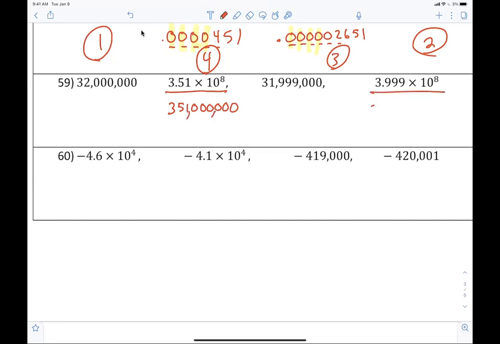How many zeros? 5. Right. Okay, so which one is the smallest? Third one. Okay, then what? The first one. Then which one? The second one, then the fourth. Yes. Okay, I'm happy with that.